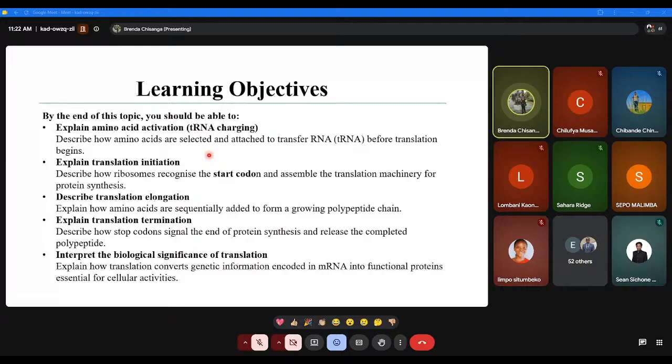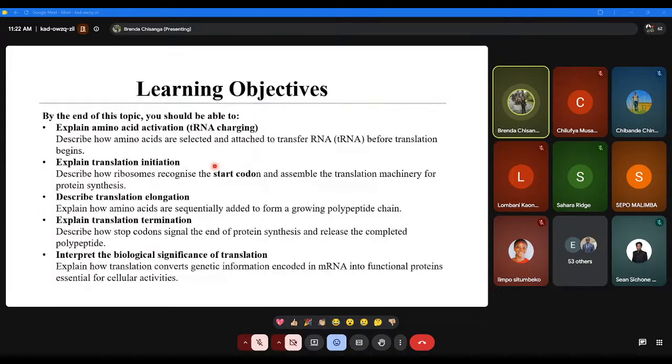Because for translation to complete, with the mRNA carrying different codons, and each of those codons specifying an amino acid, it means that in the cytoplasm you must have a pool of amino acids. But then how does a cell select which amino acid should be brought to the ribosome to be added to the polypeptide chain? So it starts with amino acid activation, or should I say tRNA charging.